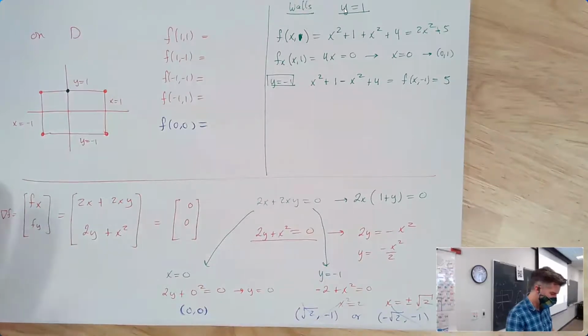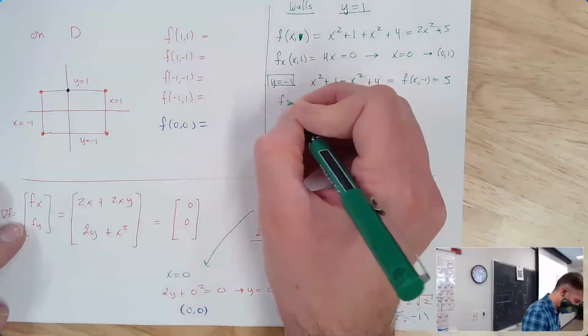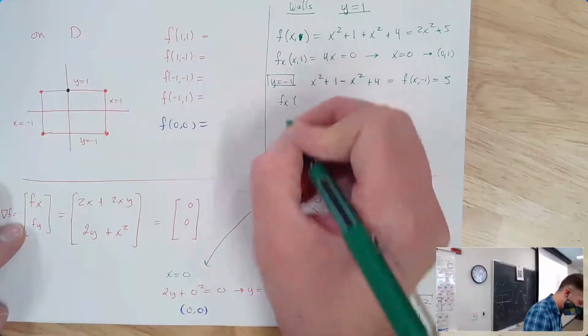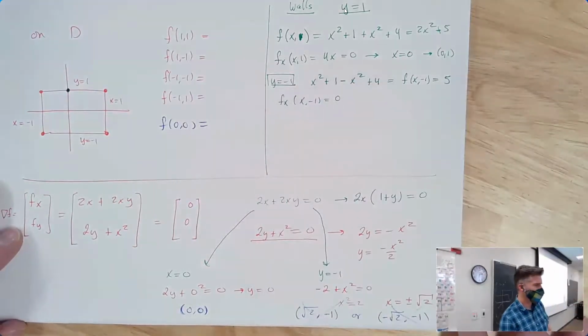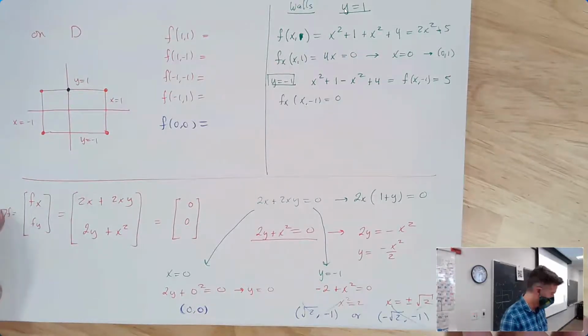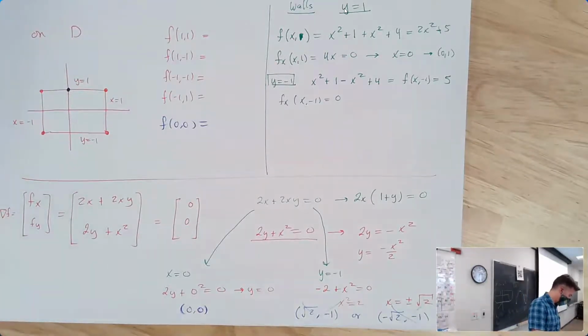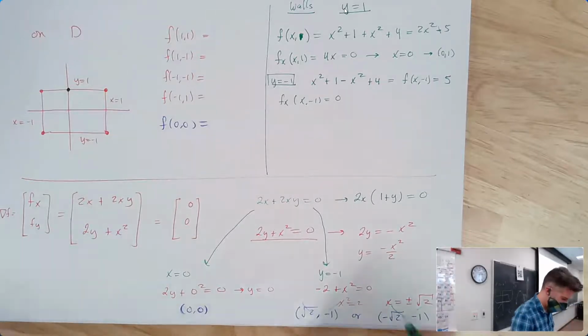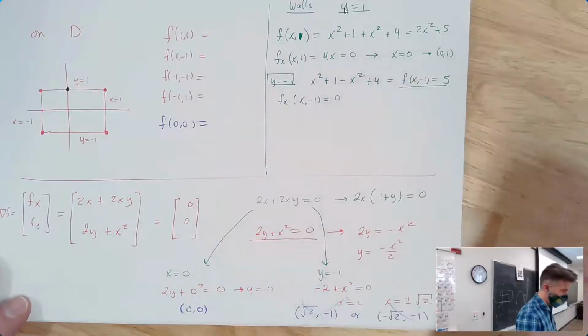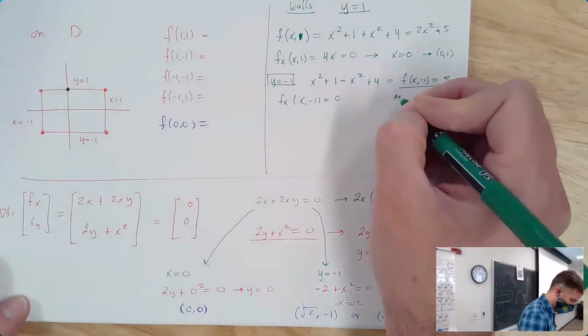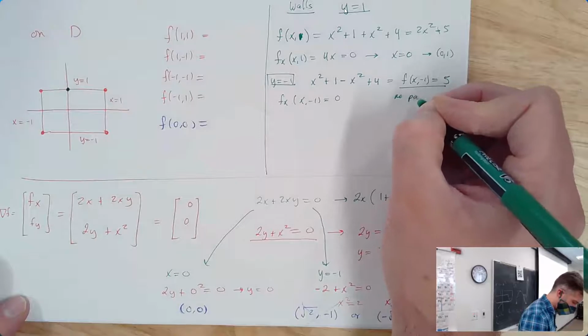If we take the derivative of that, the derivative is just 0, which means it's constant on that whole wall. So on the wall y equals negative 1, since this is constant, we have no points to consider.